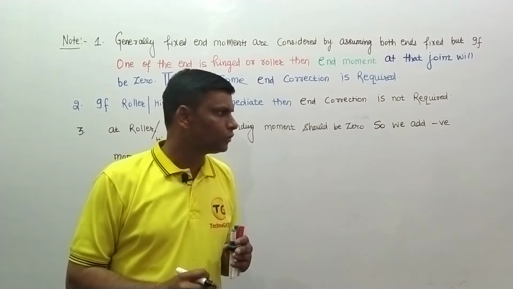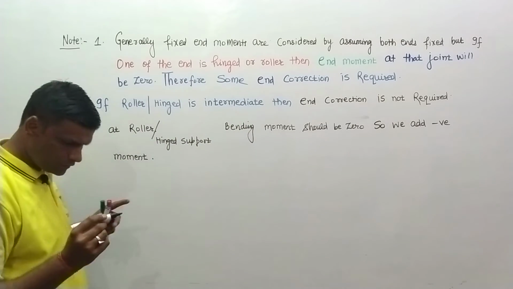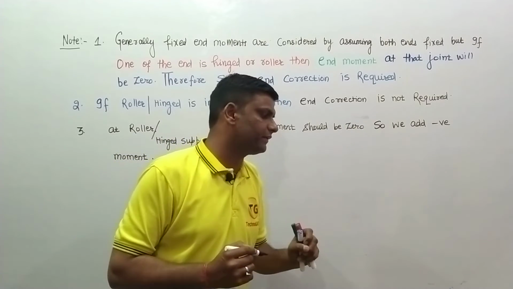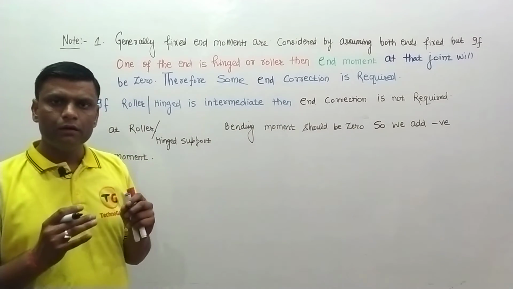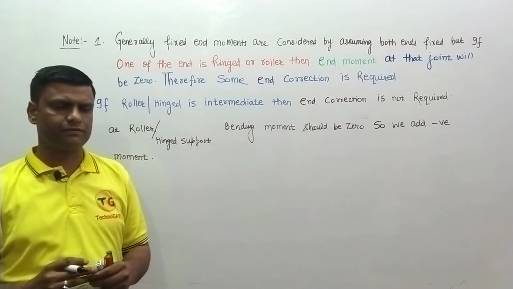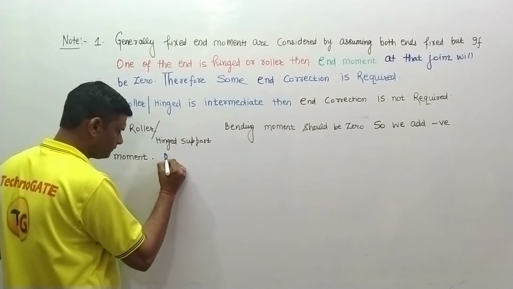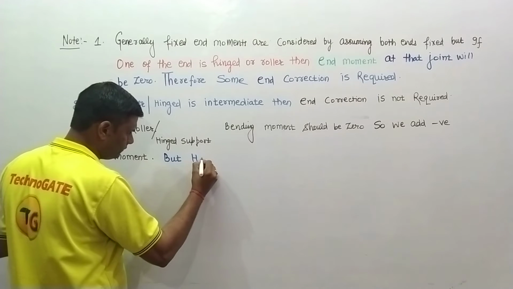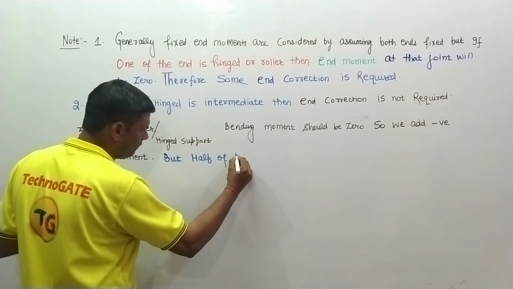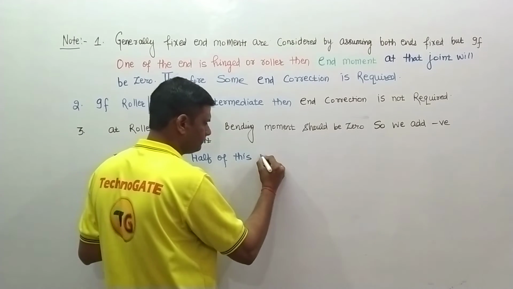We have to add some negative moment, but half of this negative moment will be supplied to the far end if the far end is fixed.